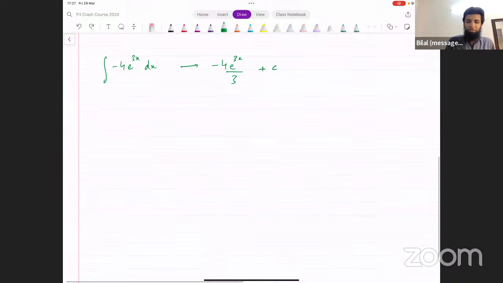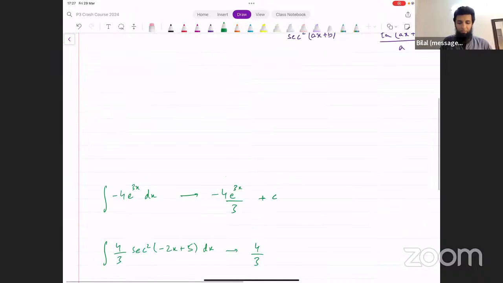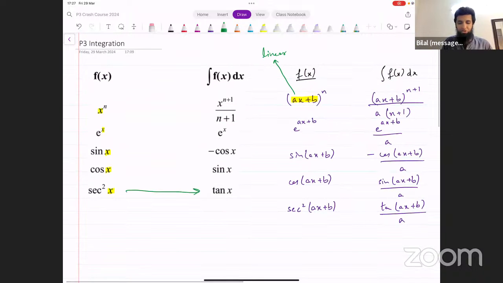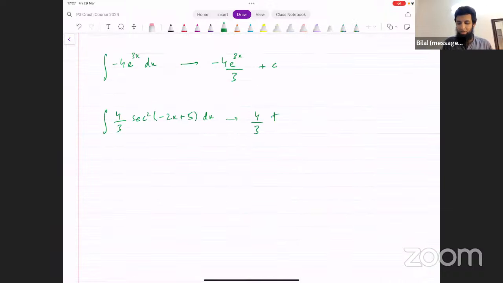All right, let's take another example. Let's say you have 4 over 3 into secant squared of minus 2x plus 5. You want to integrate this with respect to x. Now, 4 over 3 is a constant, and that remains as it is. What is the integration of secant square? Well, we know from the formula sheet, the integration of secant square is tan. So this converts to tan of minus 2x plus 5.